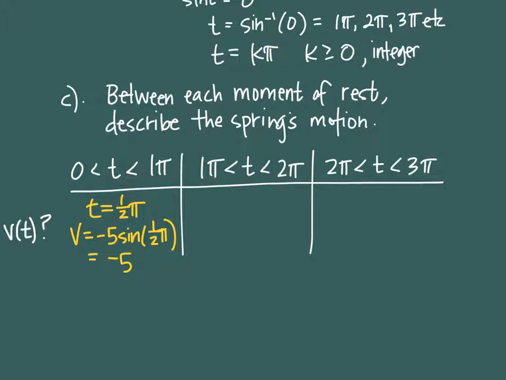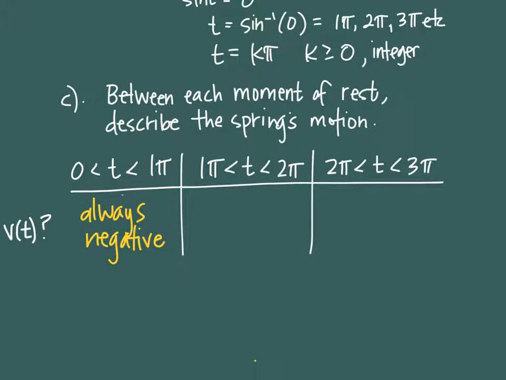In fact, no matter what value I would have picked in that interval, the velocity is going to turn out to be negative. And so the velocity within that interval is always going to be negative. And so a lot of times what we'll do is we'll just say the velocity is always negative. But it only takes one to check what it's going to be.